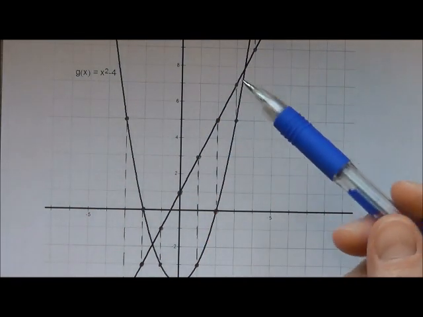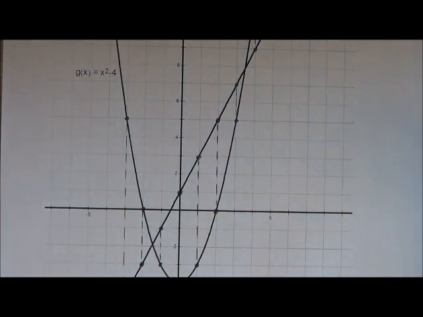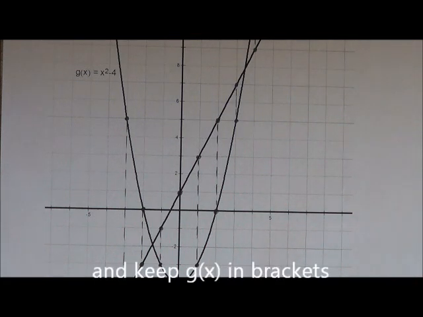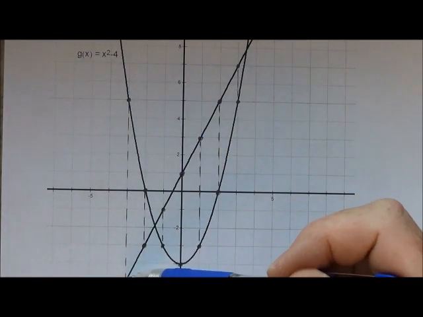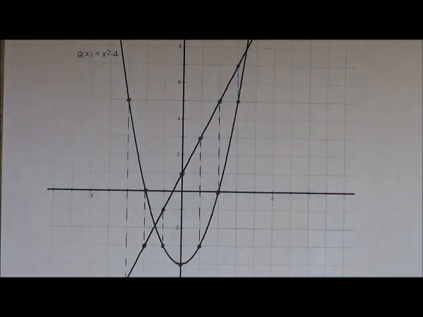Add f of x plus g of x. The other thing that's very important when you're subtracting is to make sure that you have it in the right order, because it makes a big difference. Subtract f of x minus g of x. Pause the video, and after locating these y coordinates, add or subtract them to form the new graphs.